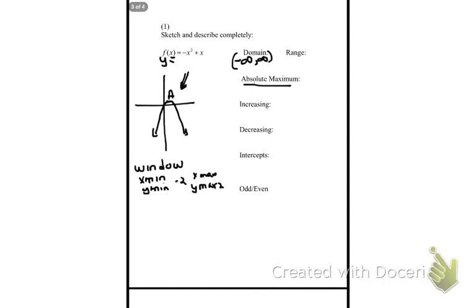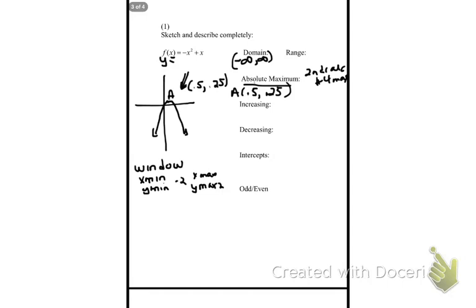And we're going to take our calculators, and we're going to go second calc to number 4, maximum. And you're going to identify your maximum. It should come out to be 0.5, 0.25, or 1/2, 1/4. I like to put this one on my graph because it helps with the increasing, decreasing.